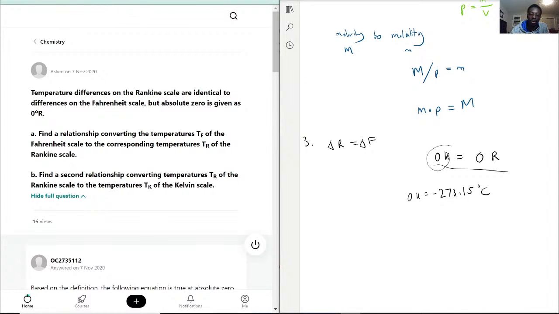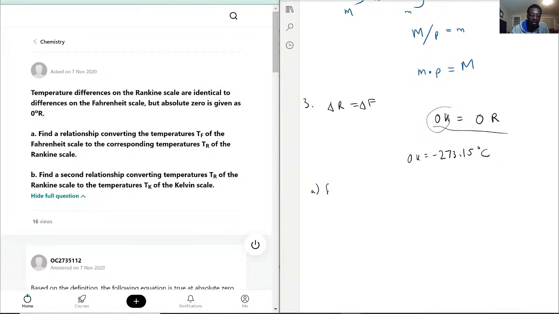And now we want to, A, find the relationship between TF and TR, and then B, find the relationship between TR and TK.